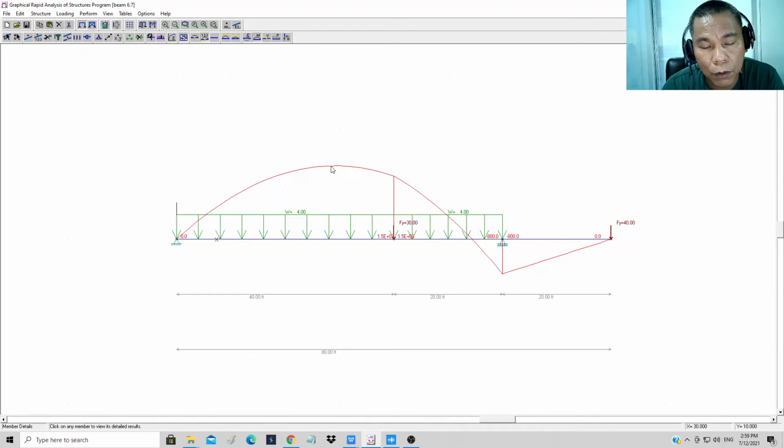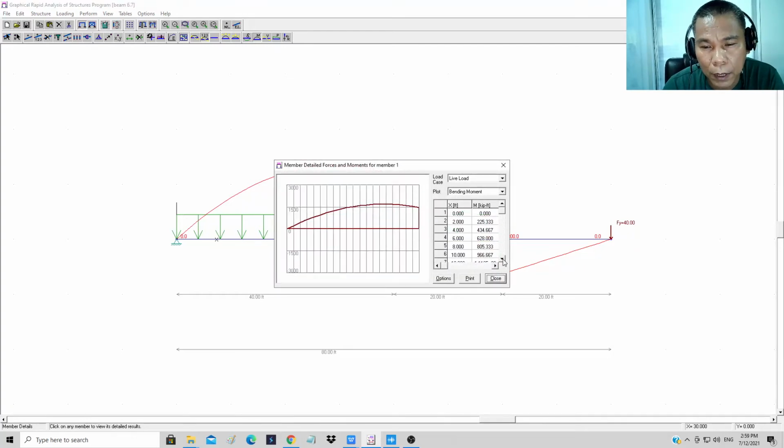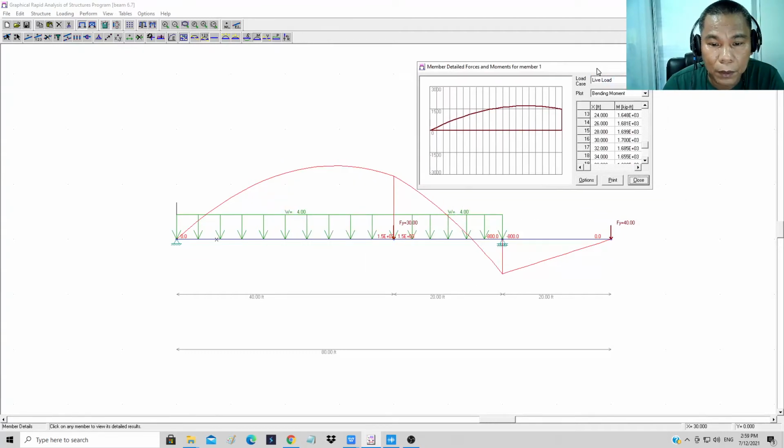If you want to know the maximum value here, you can just select this member, look at the moment values, and you will see the maximum value here is around 1700. That's at around 30 feet. If you want, you can actually check the result.